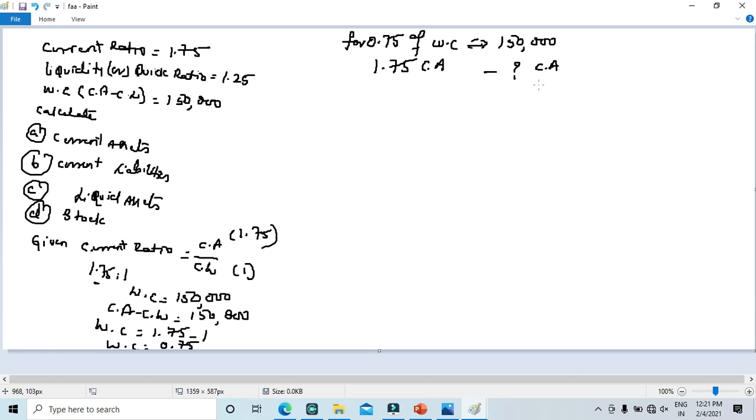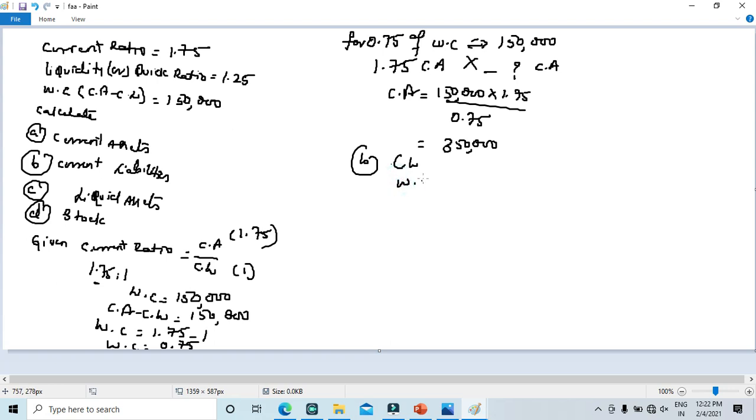Next one is stock. How we are going to do it: quick assets is calculated as current assets minus stock minus prepaid expenses, if there are any others.